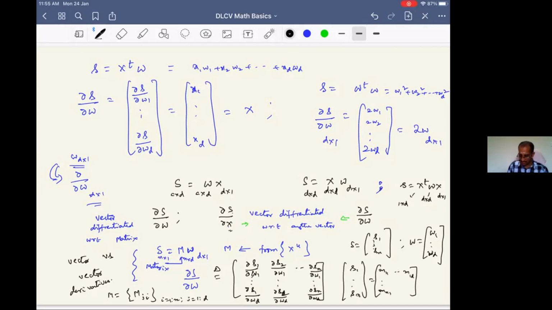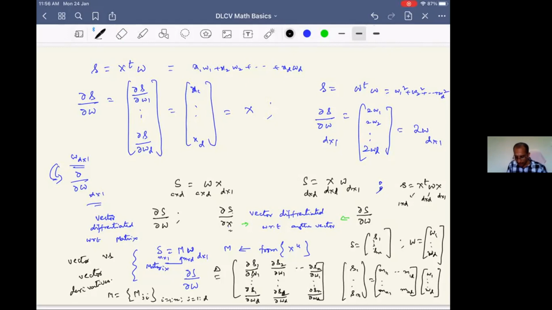I'm writing small letters for these internal values; you can choose to write either small or capitals. And here W1 to WD. So now I can write S1 equal to M11 W1 plus M12 W2 plus M13 W3 plus and so on up to M1d WD, right?